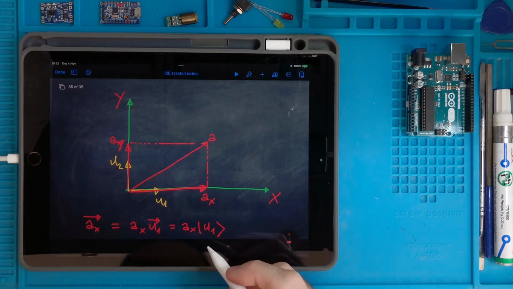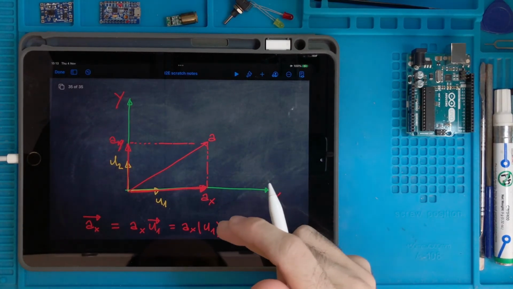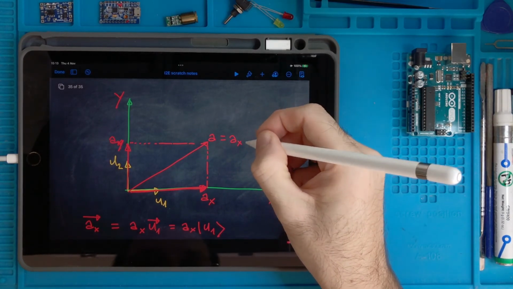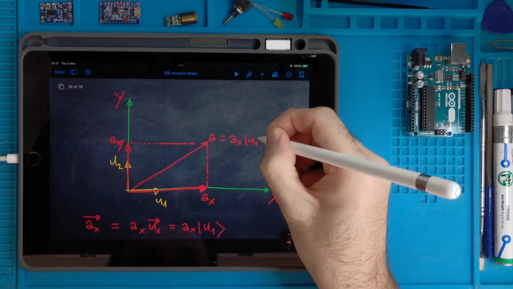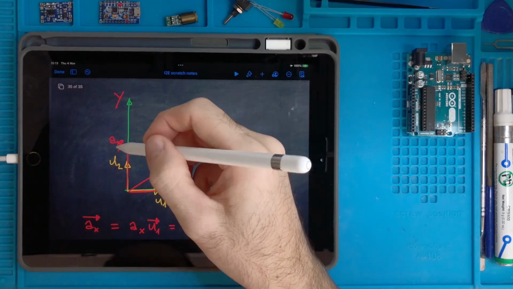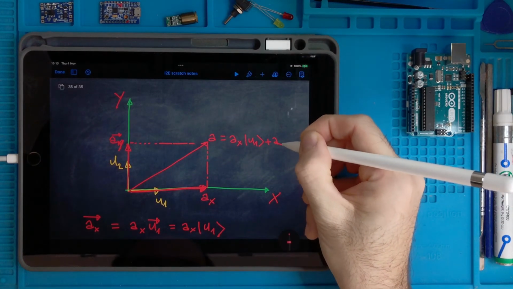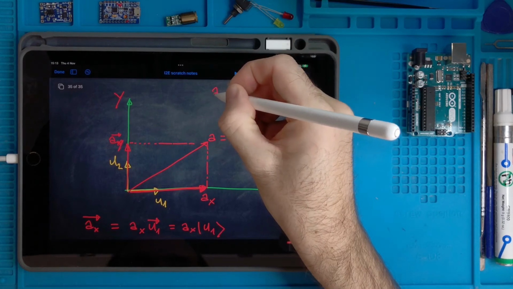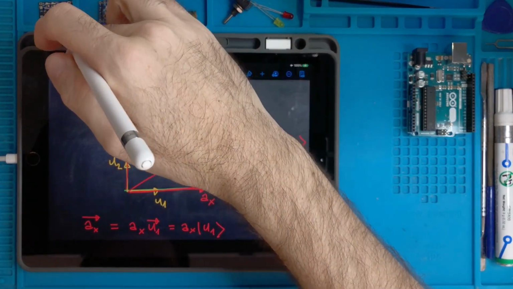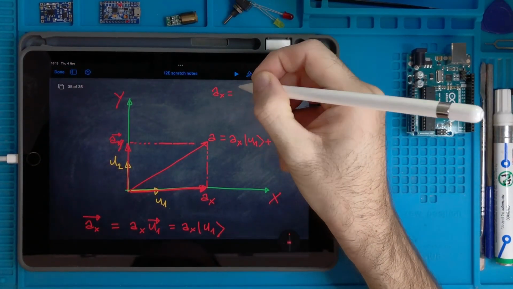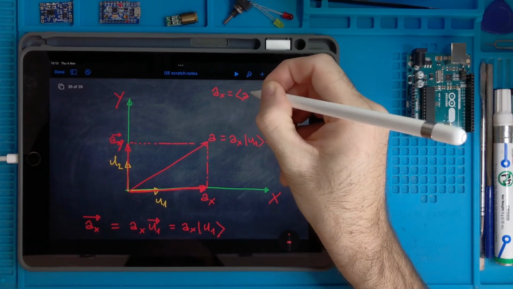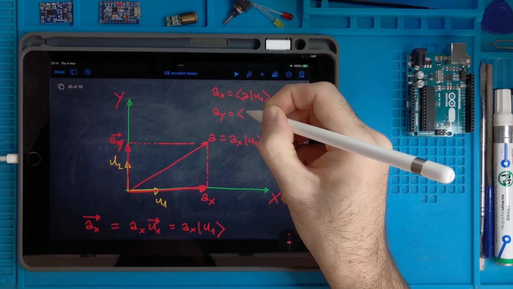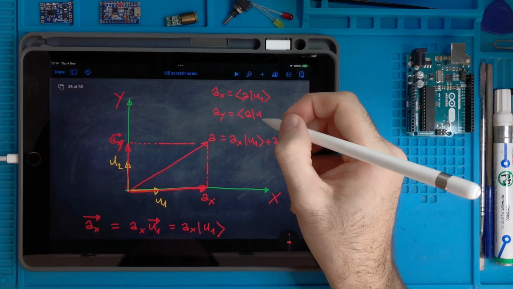And what we are saying here is that we can make this vector A be AX u1 plus a similar vector which is AY u2, where AX is the projection of the vector A on the axis u1, and AY is the projection of the vector A on the axis u2.